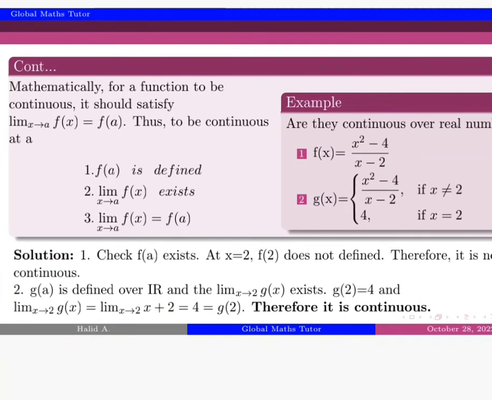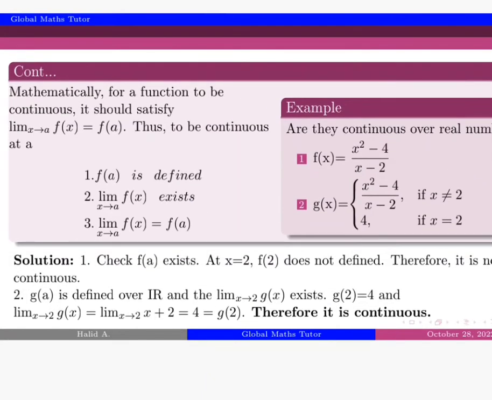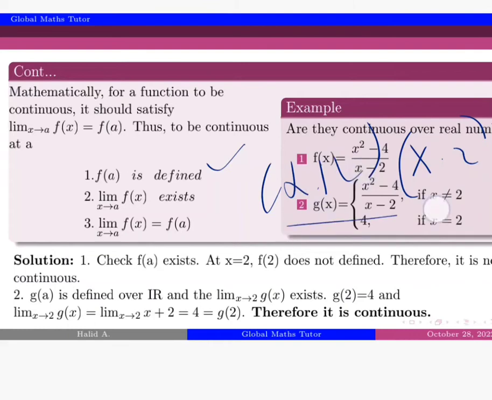Okay, the first one is g of 2 is 4, so it is defined. So the first condition is fulfilled, and we have to check the limit value. The limit of this function is x squared minus 4 over x minus 2, which is the same as x minus 2 times x plus 2 over x minus 2. The x minus 2 cancels, and we are left with x plus 2.